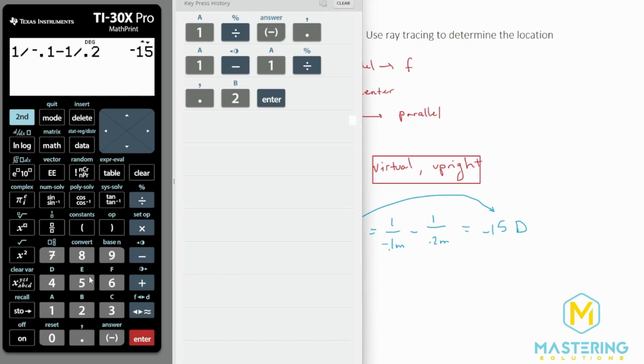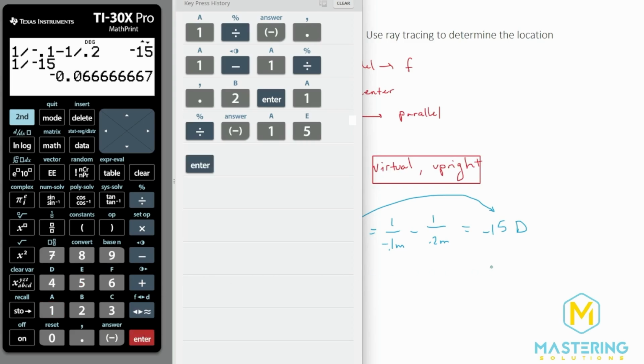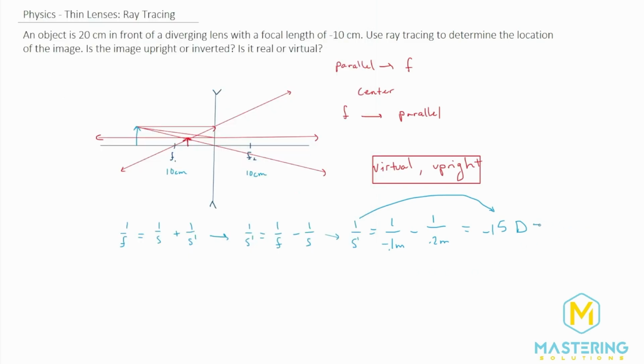Because the 15 represents 1 over s prime, we need to take 1 over negative 15, and that gives us, in meters, negative 0.067. When we move the decimal place two, that is 6.7 times 10 to the negative 2 meters, or 6.67 centimeters, and that's negative, of course.